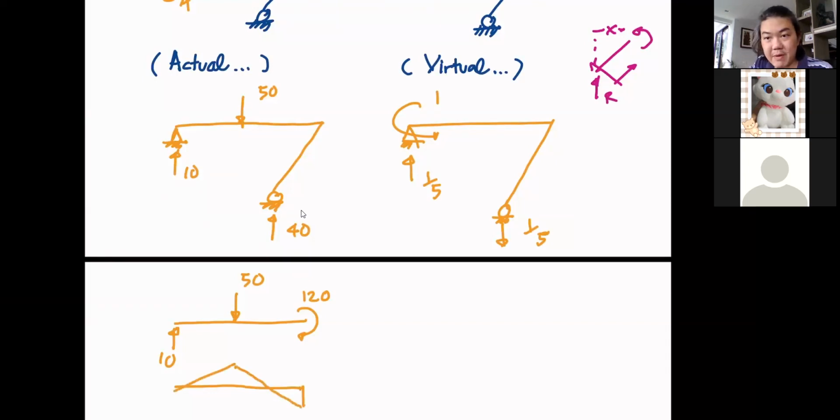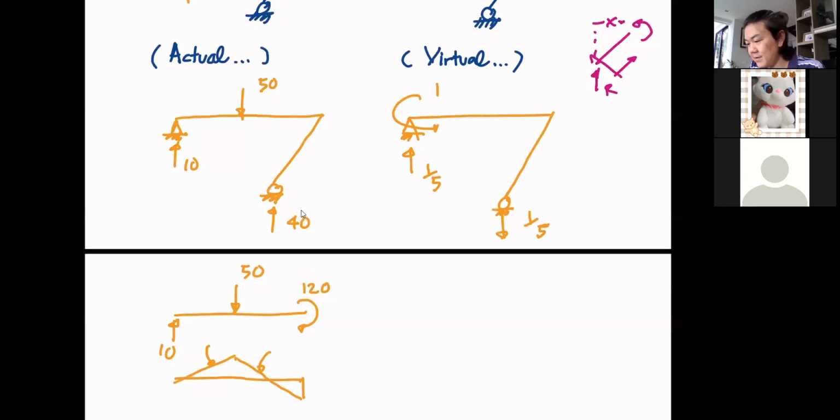When you can see the shape of the bending moment diagram, you now know that we're not as lucky as the previous problem where we have the portion with constant moment. Now you have this equation, and then you have that equation. So two equations for this member, okay? And then we can look at this member at the same time. Now we have 1 here, and then we have 1/5 there.